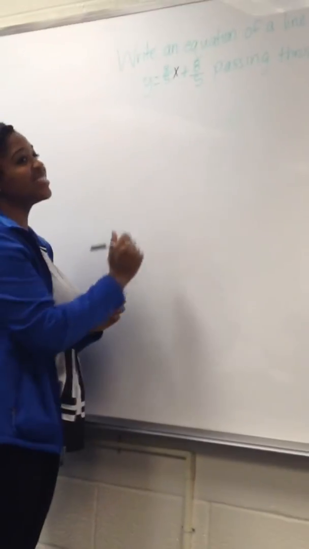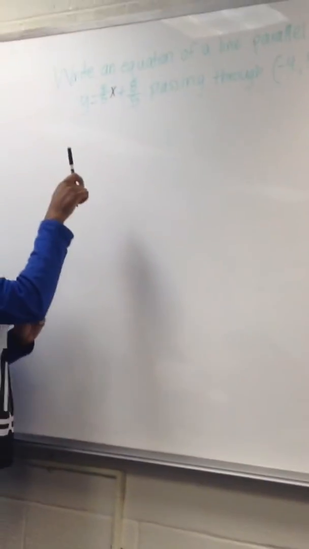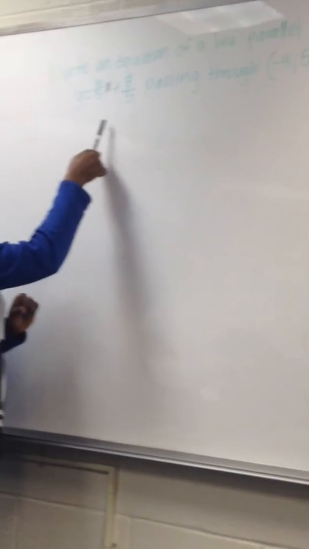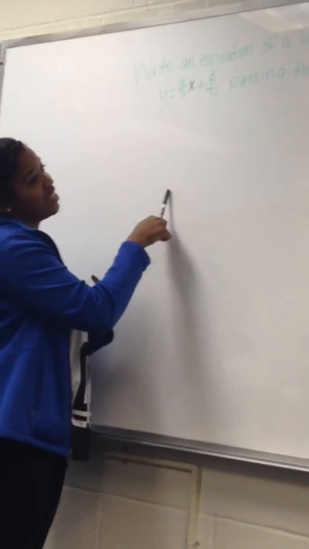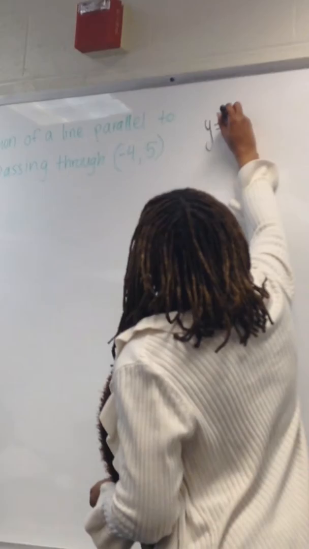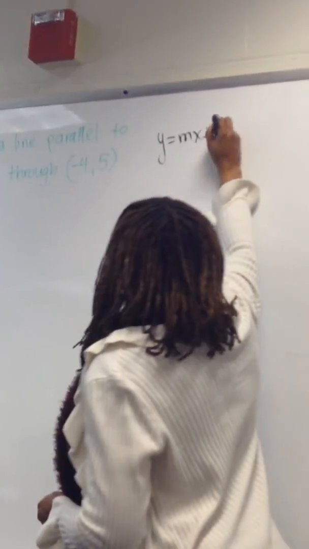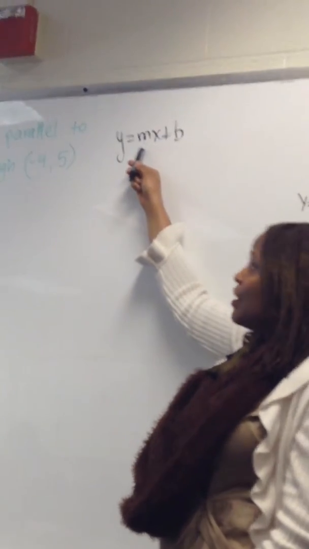You said we already know our slope. What is our slope? 3/5. And how do we know that? Because it says write an equation of a line parallel to this equation, and the slopes are always the same in parallel equations. Great. In y equals mx plus b, the coefficient of x is the slope.